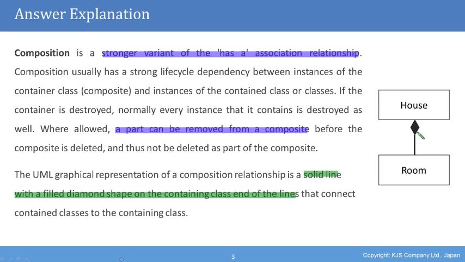Therefore, there is a line joining them with a solid filled diamond shape on the containing class, which is the house. Therefore, there is a diamond on this side.